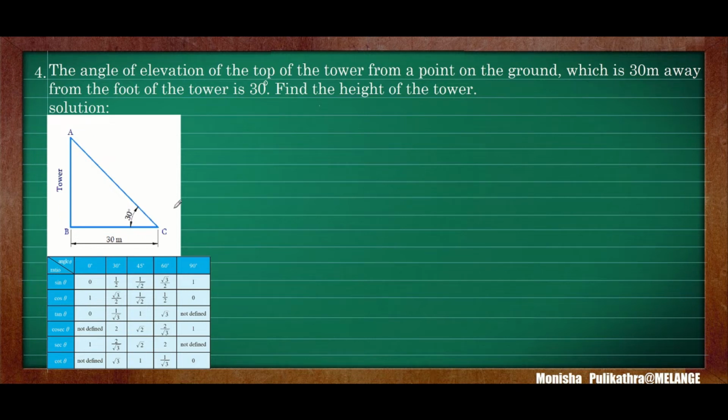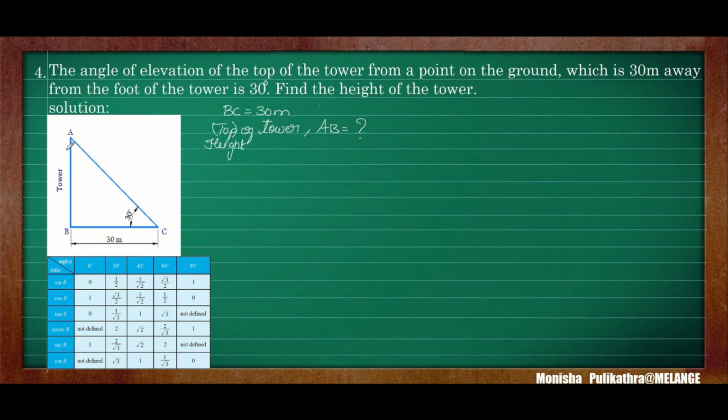So the distance of BC is equal to 30 meter, and the height of the tower is AB, which we have to find out. So make it as height, not top. It is the height of the tower, and the height of the tower is equal to AB.